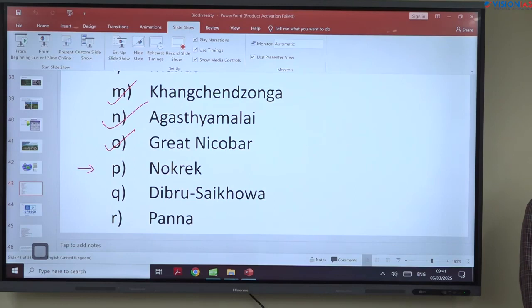This place is considered sacred by Garo, G-A-R-O, Garo tribes.